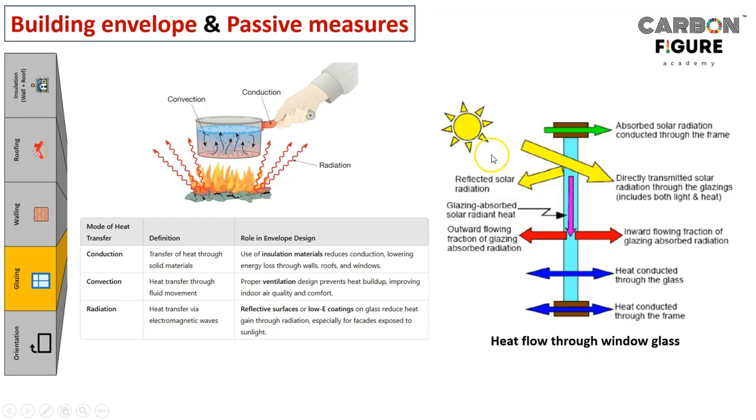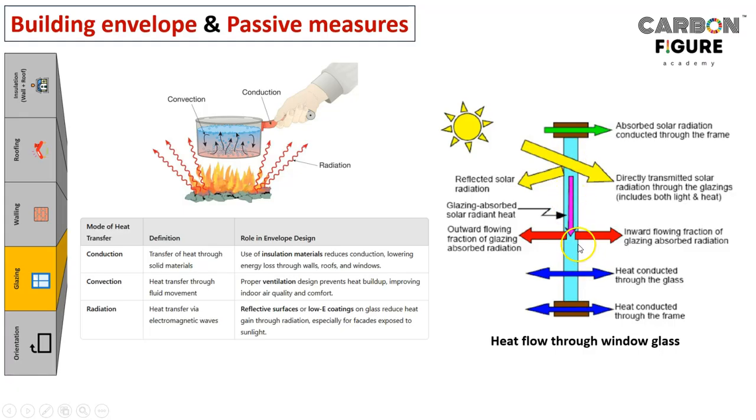And because of continuous passing of this radiation through the glass, some amount of heat is staying inside the glass material itself. So that is the glazing absorbed solar radiant heat. Because of this continuous passage and reflection, the glass being solid would have some absorption and conduction based gaining of heat. That is what is mentioned in the pink color downward arrow. It would stay there in the glass itself, right?